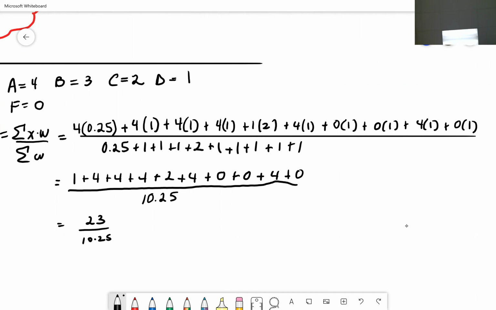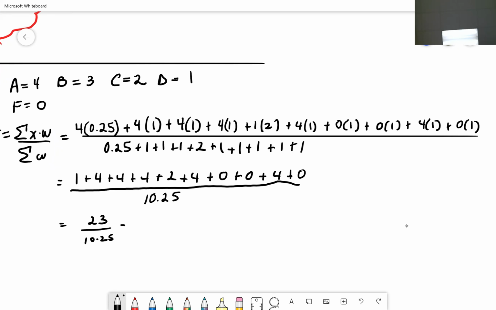And now I take 23 and I divide it by 10.25. And I get, let me go ahead and highlight that number, 2.2439. So this person has a 2.24, which is a C.